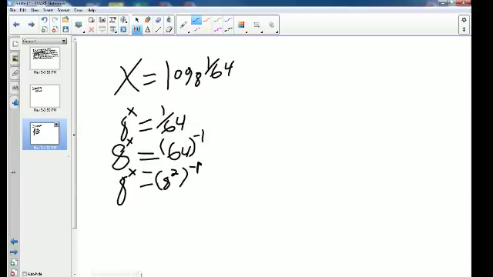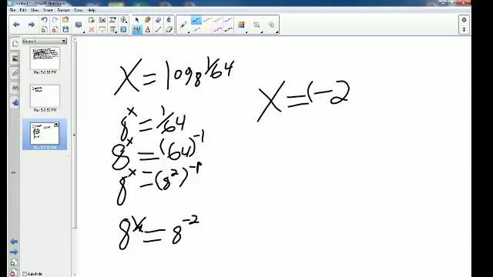From there, we can just bring that negative exponent in, and we got 8 to the x power equals 8 to the negative second power. We could just cancel out the 8's, and we got x equals -2.